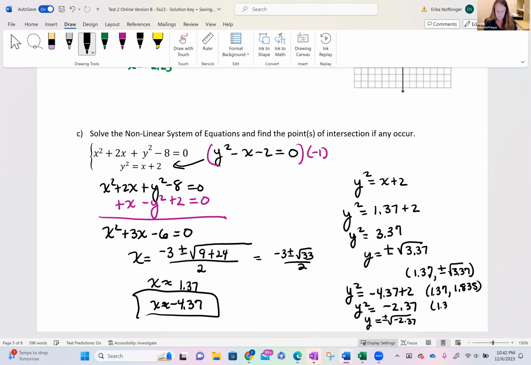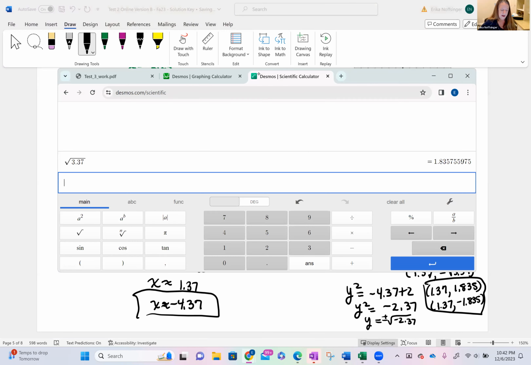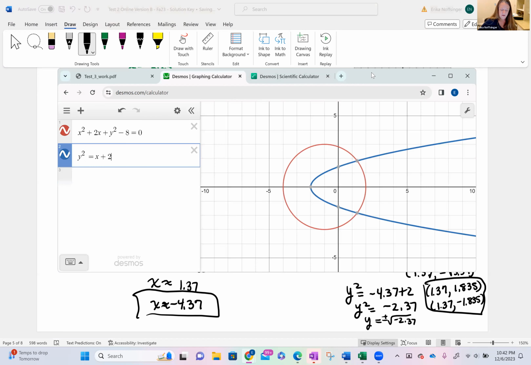And then I pulled this up on Desmos, so let me just bring this over and show you the graph. So we got our circle, we got our sideways parabola, and we have our solutions we just found.